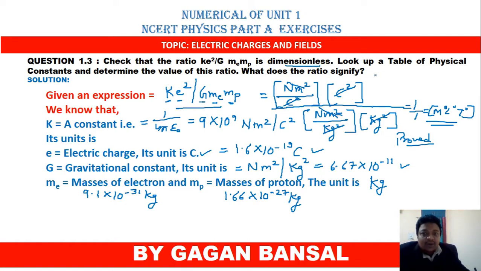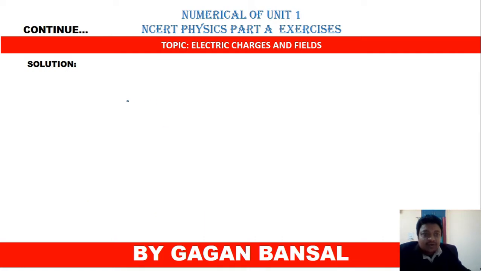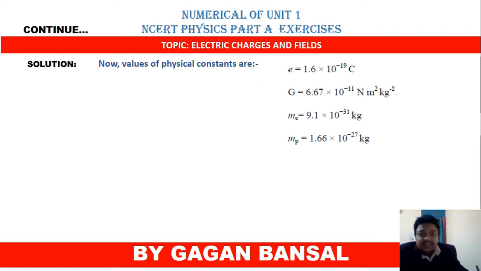Okay, so now let's move forward. We know the physical constants value, that is e 1.6 into 10 raised to the power minus 19, G 6.67 into 10 raised to the power minus 11 Newton meter square per kg square. Mass of electron, that is 9.1 into 10 raised to the power minus 31 kg. And mass of proton, that is 1.66 into 10 raised to the power minus 27 kg.